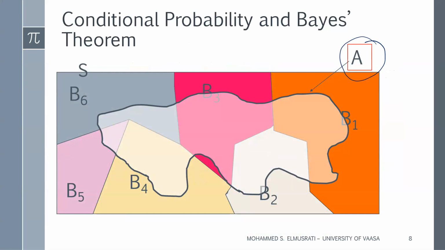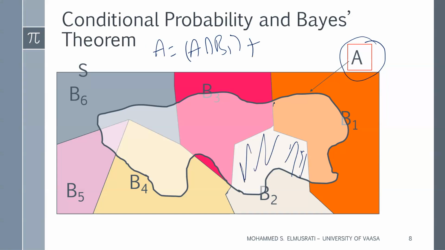Before we go to the probability of A, let me explain one thing. A itself is the same as A intersected with B1, or A intersected with B2, plus A intersected with B3, because A consists of all these intersections.